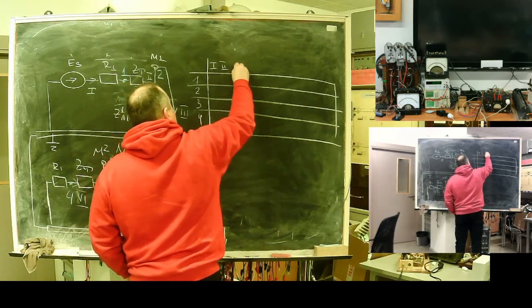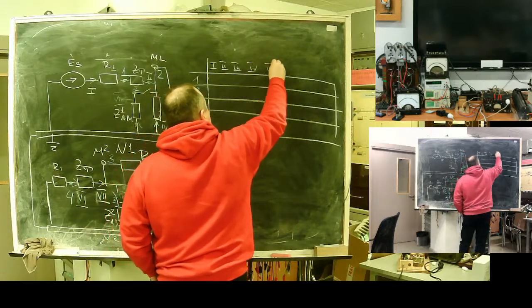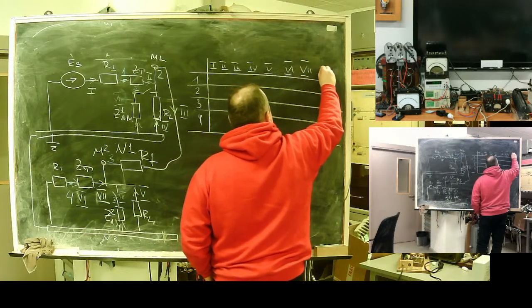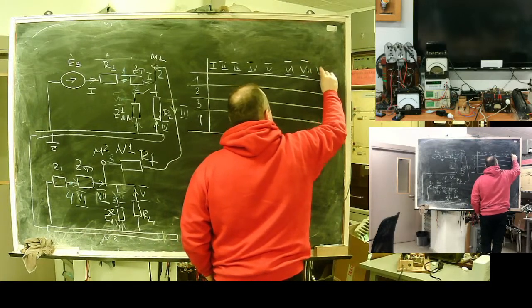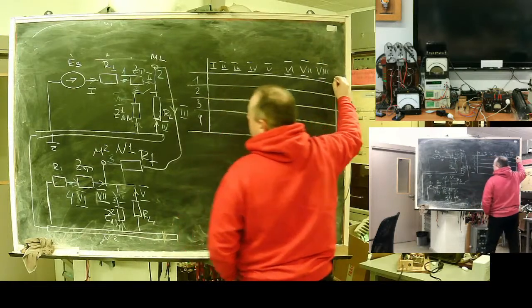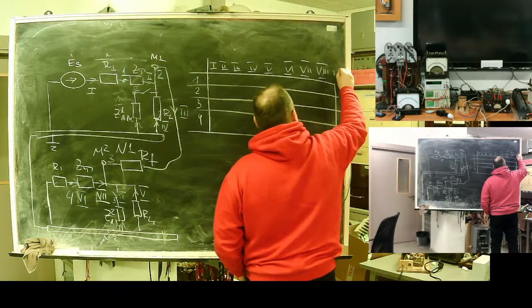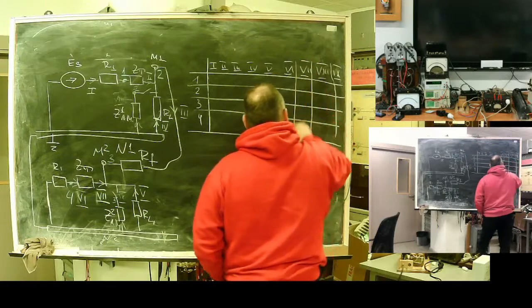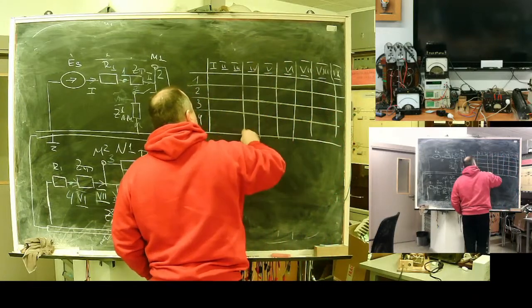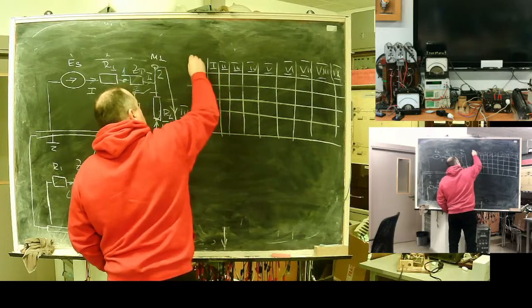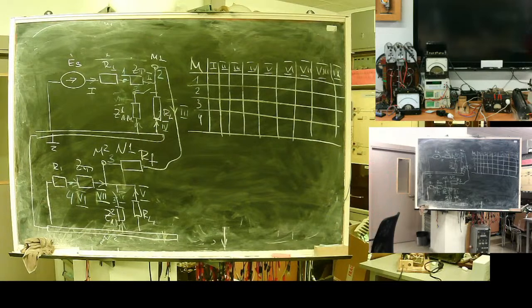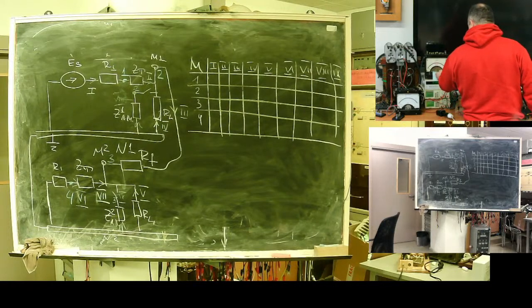Branches 1, 2, 3, 4, 5, 6, 7, 8, and the last one will be 9. This will become the topology for our network, the first incidence matrix. Okay, method.